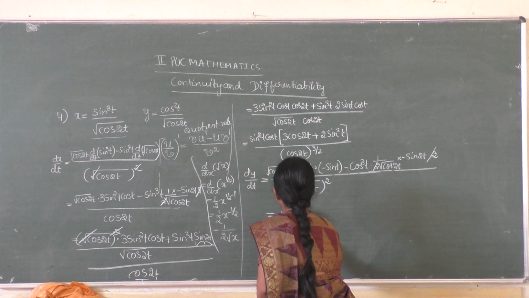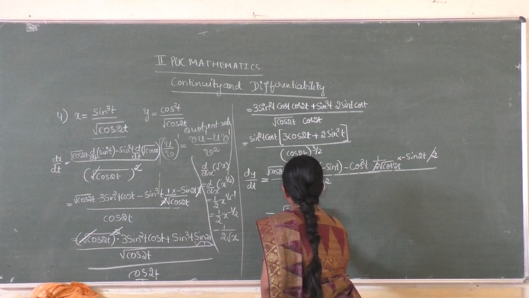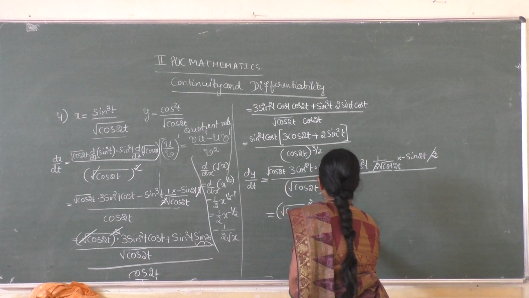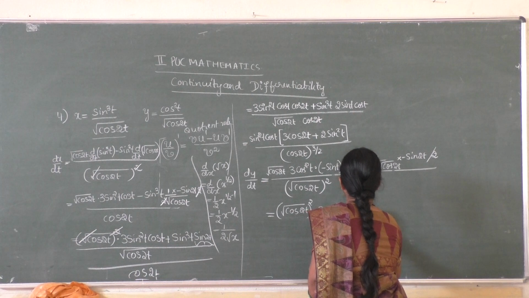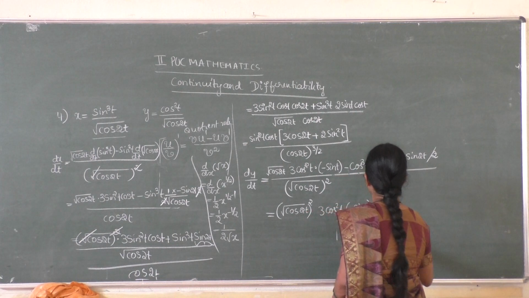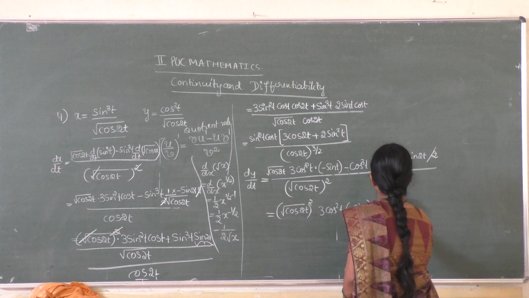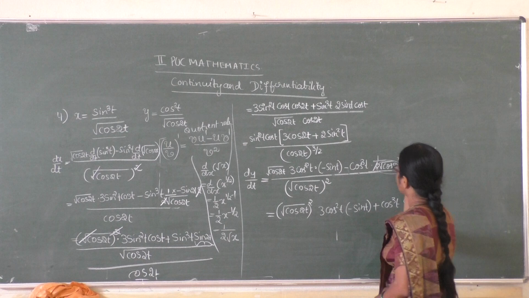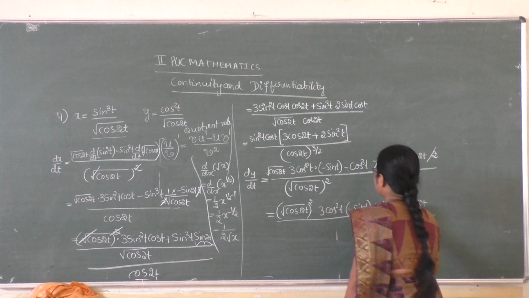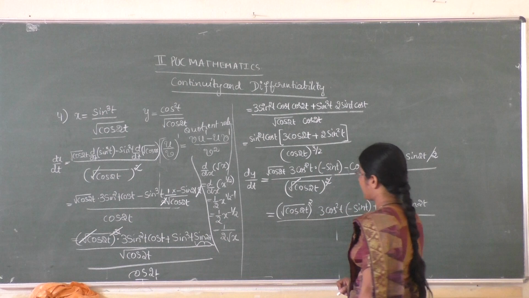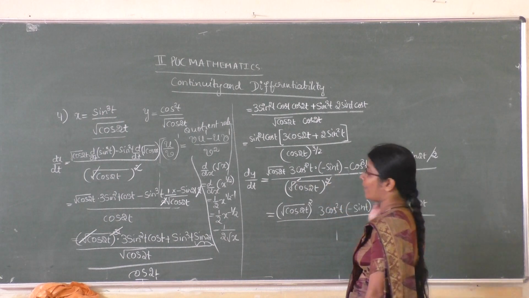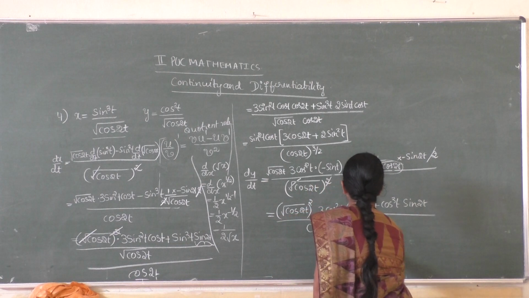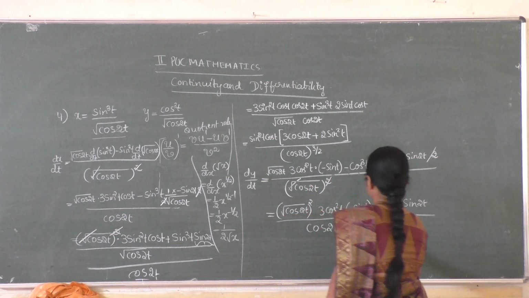You are getting root cos 2t whole square into 3 cos square t into minus sin t, minus minus plus, that is cos cube t into sin 2t. This root cos 2t comes to the denominator, here 2 and root cos 2t, root and square cancel. So you are getting cos 2t into root of cos 2t.